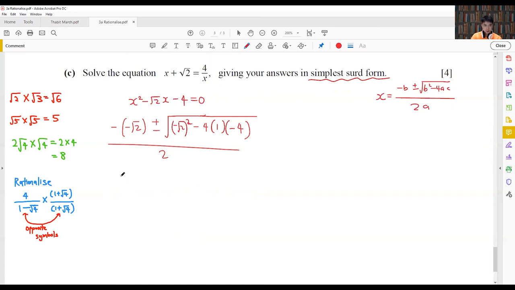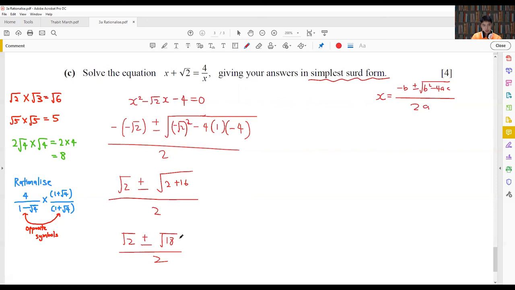Simplify this whole thing, you would have surd 2 either plus or minus the square root of the square would cancel off each other, including the negative. So you have 2 minus 4 times 1 minus 4 times 1. You have plus 16 over 2. Okay? And therefore, your final answer should be square root 2 plus minus the square root of 18 over 2.